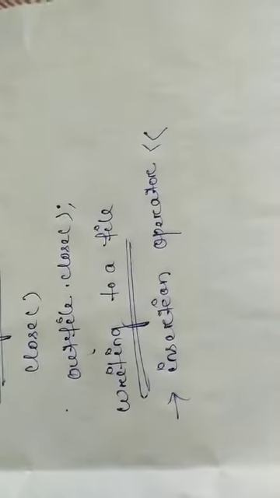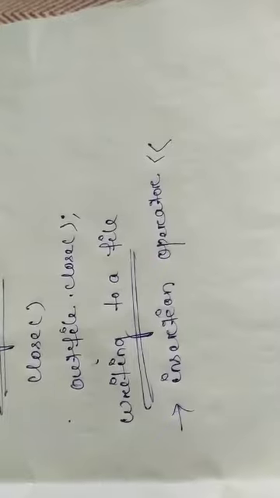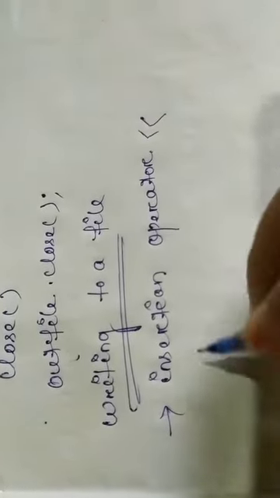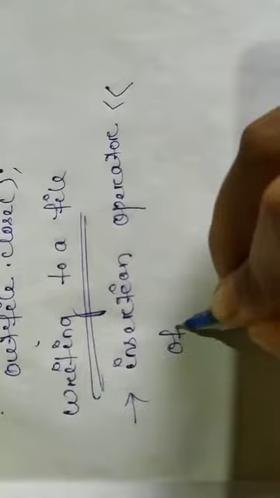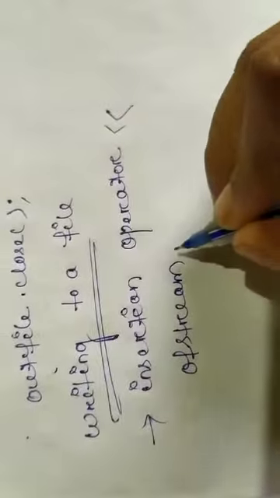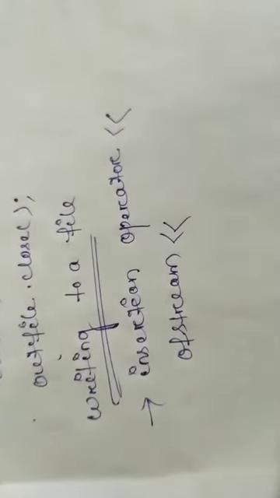Here the ofstream object is used instead of the cout object. We will not use cout, we have to use either like this, ofstream, and then like this.